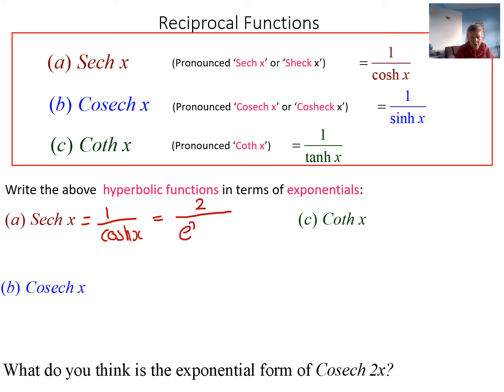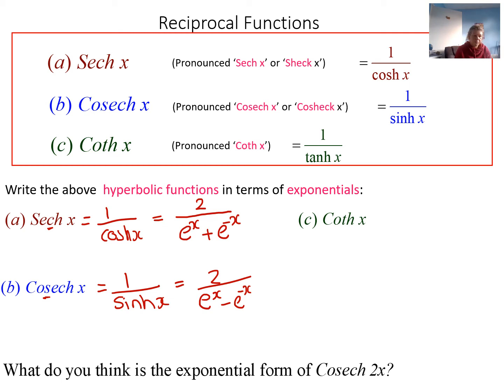You get 2 over e to the x plus e to the minus x. And cosec is 1 over, remember the third letter gives it away always, sinh. So that's going to be 2 over e to the x minus e to the minus x.